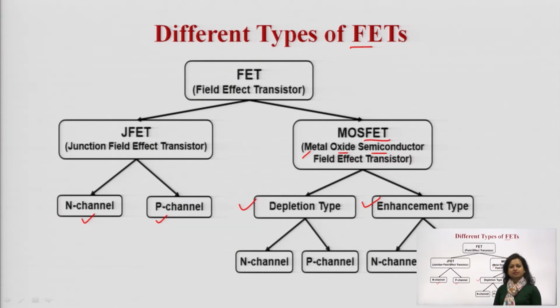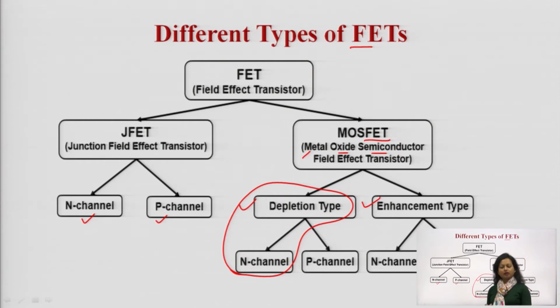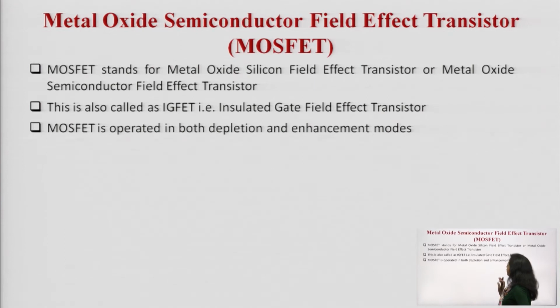You have to study both the types, depletion as well as enhancement. In depletion it may be N-channel or P-channel, and for enhancement it may be N-channel or P-channel. So in today's session, I will be discussing N-channel depletion type MOSFET. But besides this, you must be aware of the other types as well.